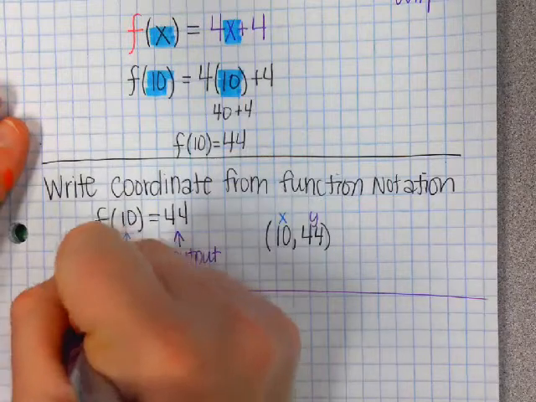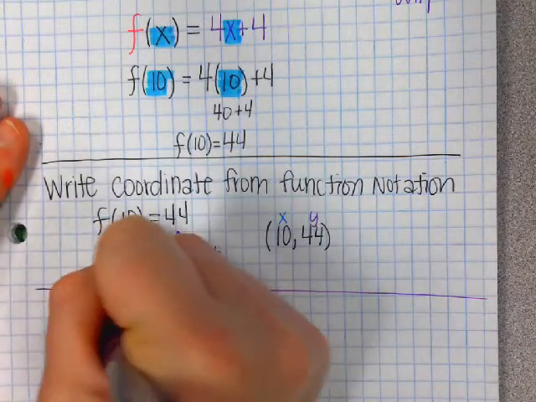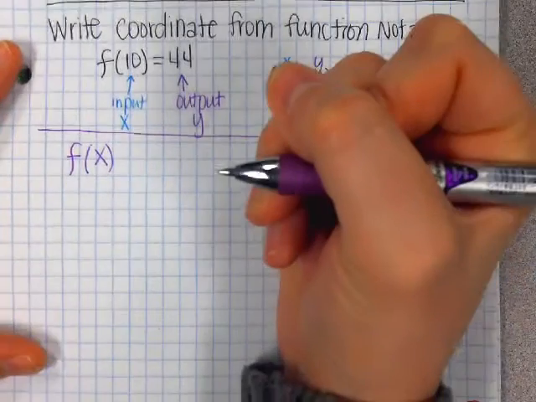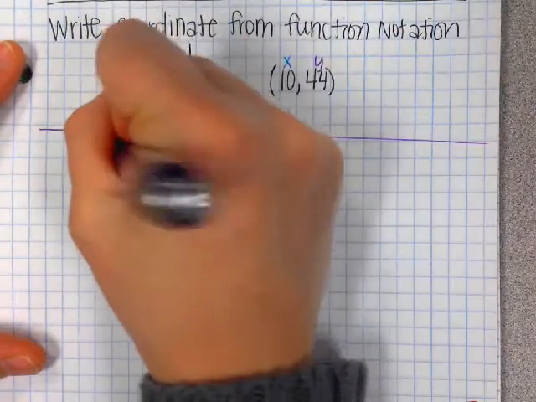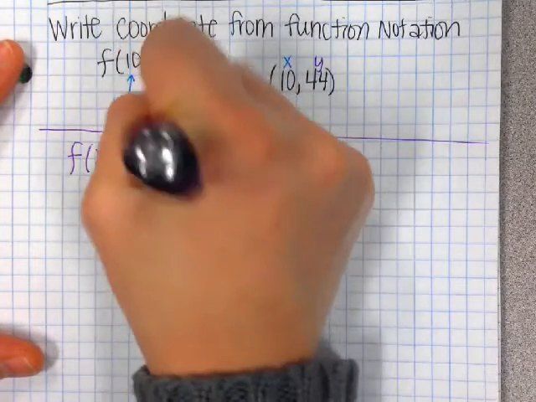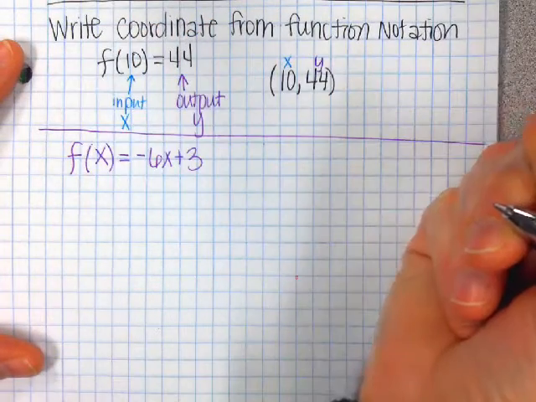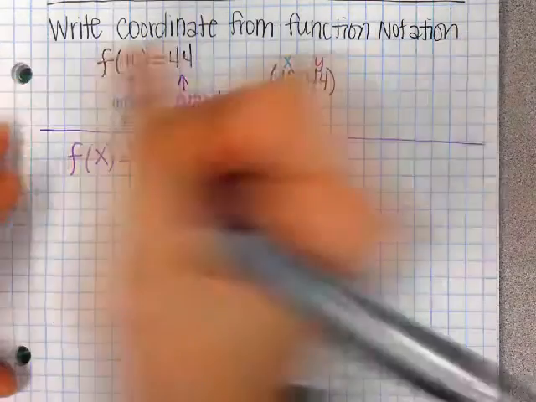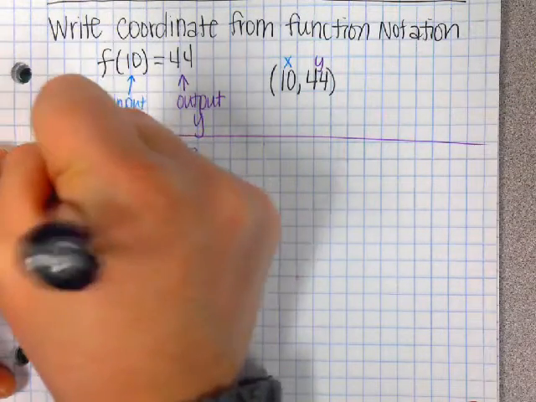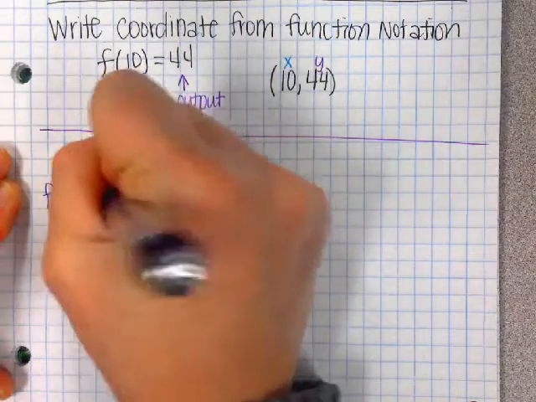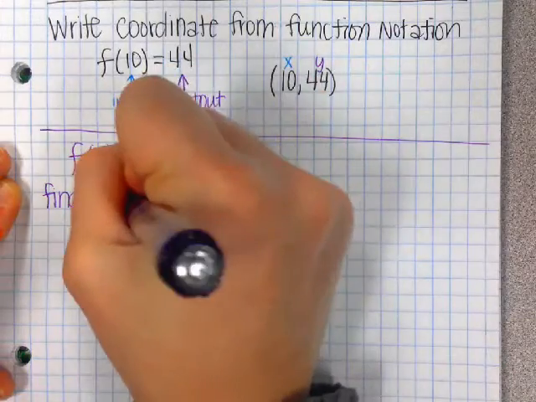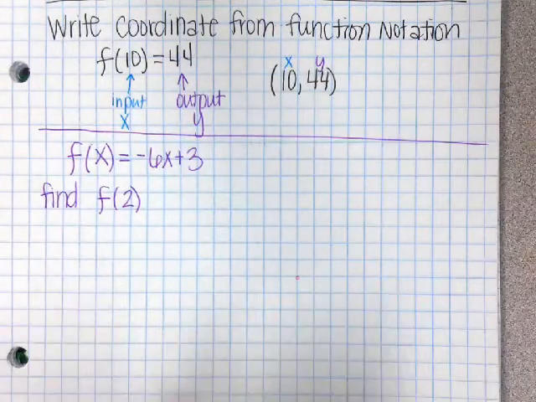Okay, now if I had a new function, we'll say f of x again equals negative 6x plus 3. Then it's going to say something like find f of 2.